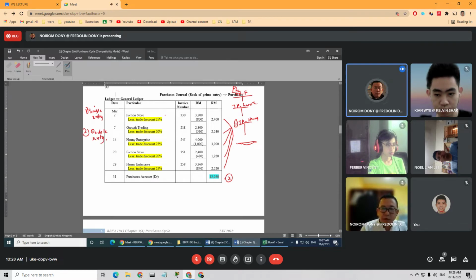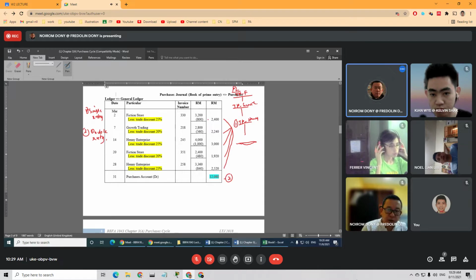Remember trade payable, like what I've explained to you, is a liability. So when we have a purchases journal, it is increasing the trade payable. If it's increasing the trade payable, we have to do a credit entry, but record the net after trade discount only.